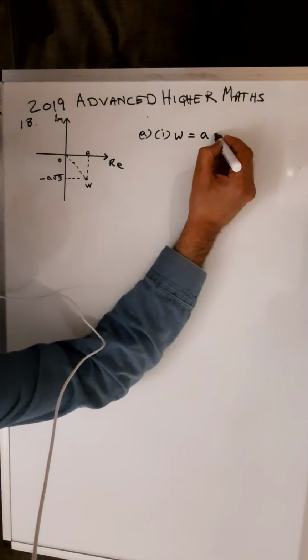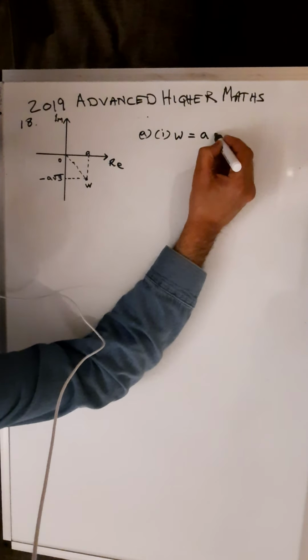That means that Z cubed is equal to 8 cos minus pi by 3 plus i sine minus pi by 3. You need to find Z1. Use De Moivre's theorem to obtain the values of k now. So you're looking for Z.